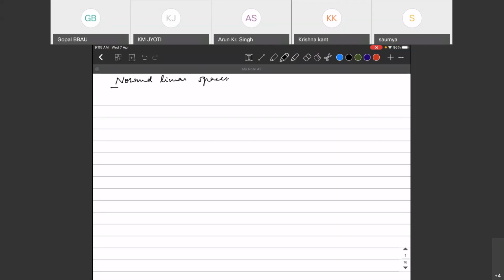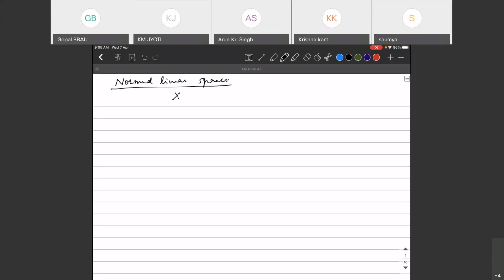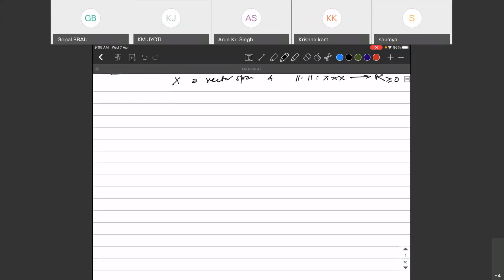Okay, so here we have a vector space X, and we have a norm on X, and this norm introduces a metric D.